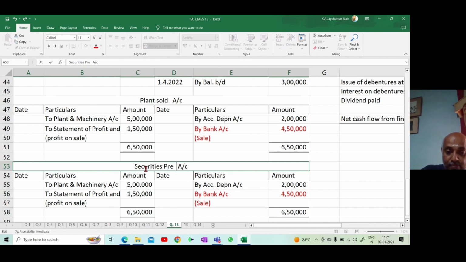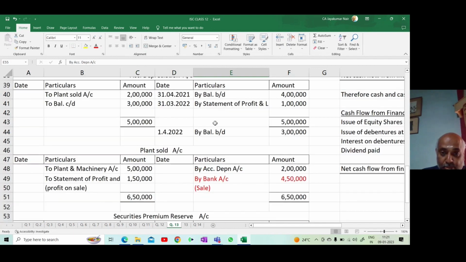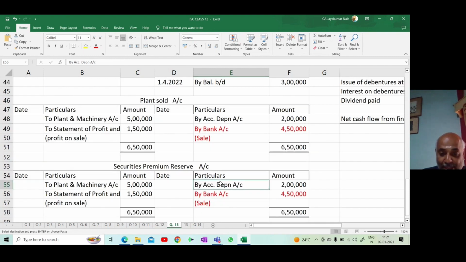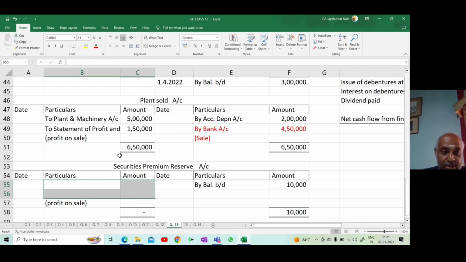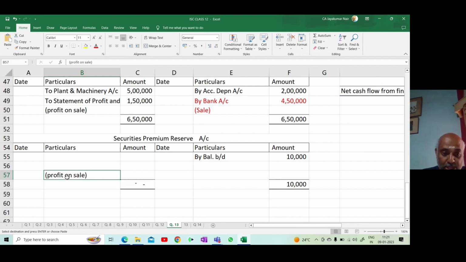Securities premium reserve account. By balance brought down. What is your opening balance? Opening balance is 10,000. And what is your closing balance? Closing balance is 50,000.